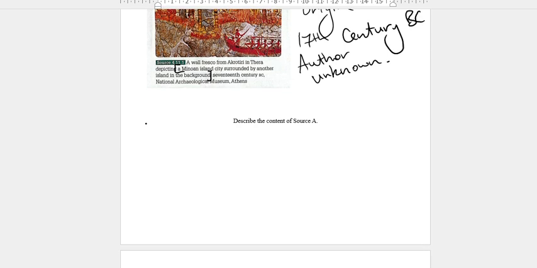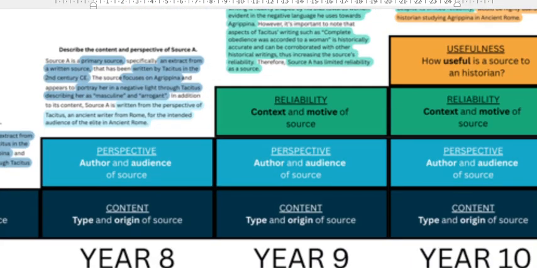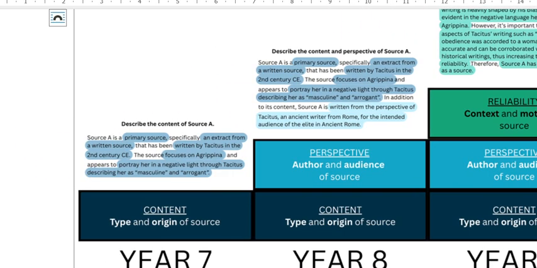So we start with source A. Oh, my apology. Source A is a primary source, and I'm going to copy the template up here where a double comma is used to add some extra information.